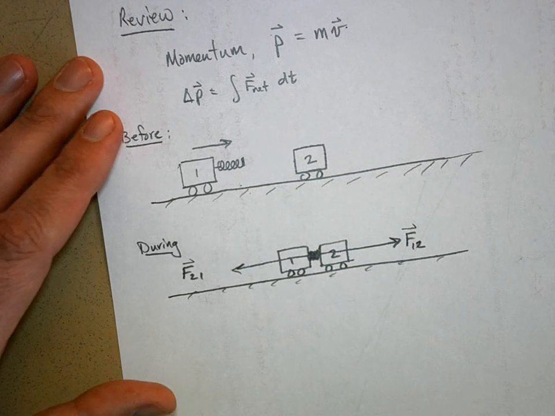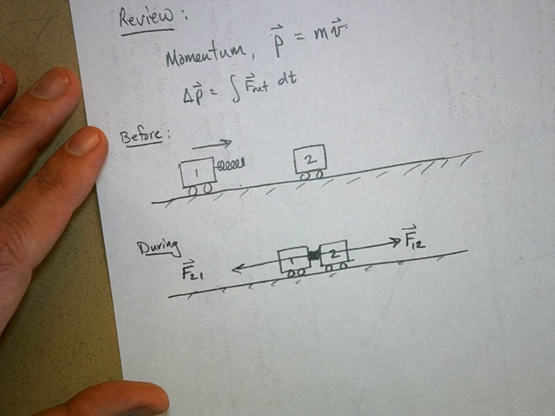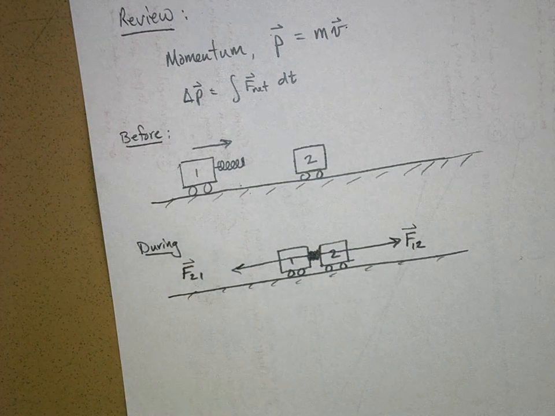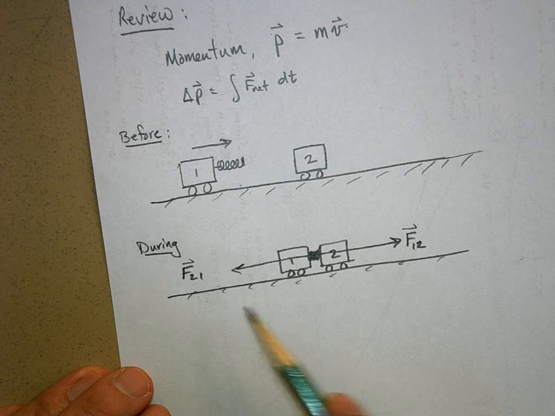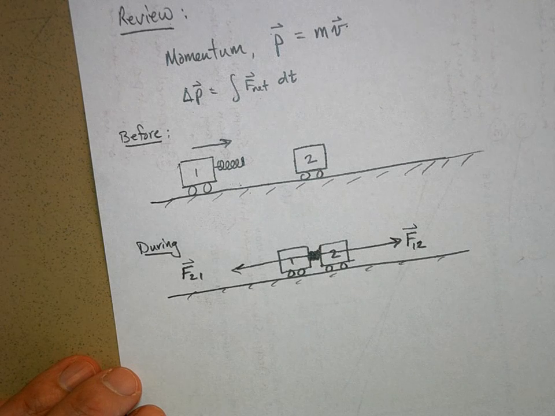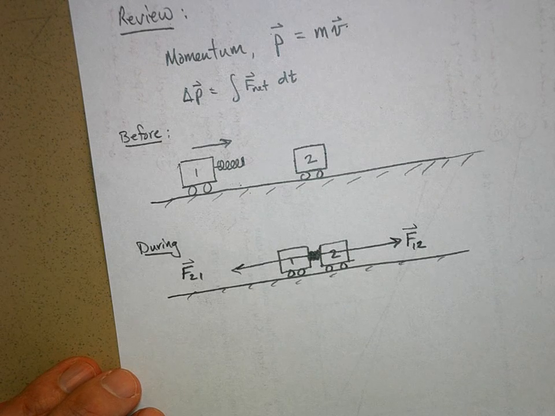Newton's third law describes the fact that when objects interact with each other, they always apply equal and opposite forces. No exceptions to this rule. It is a fact of our universe that this happens.